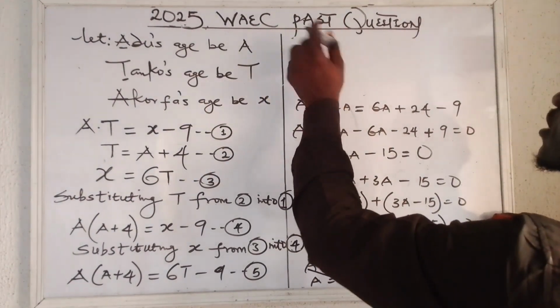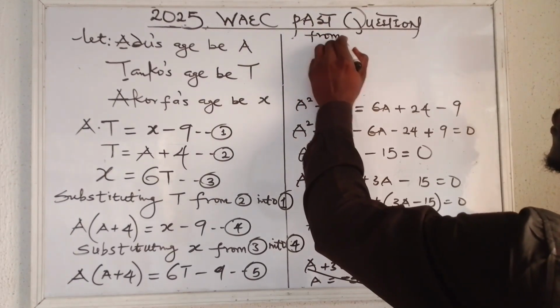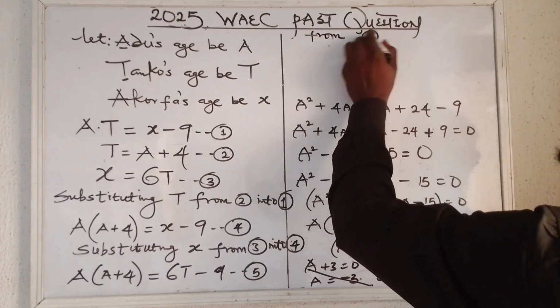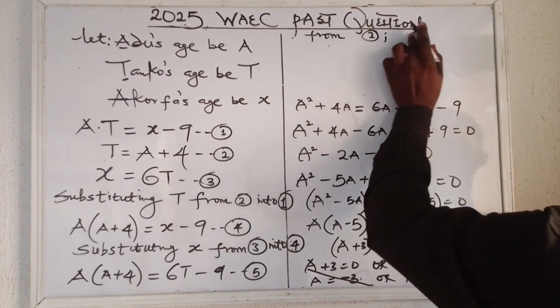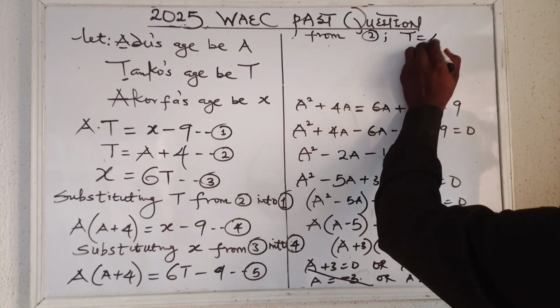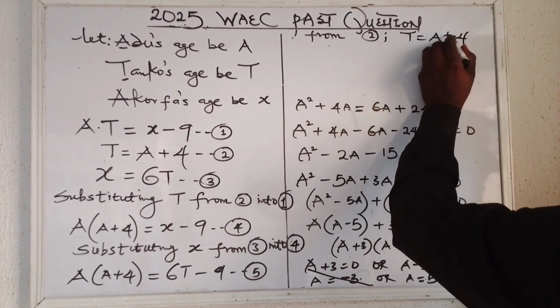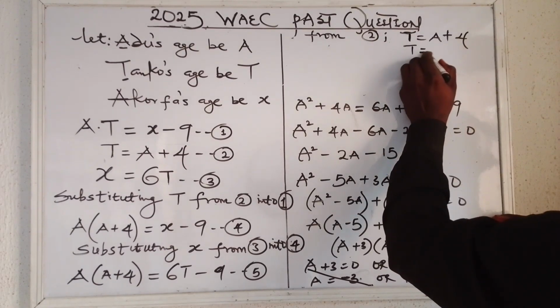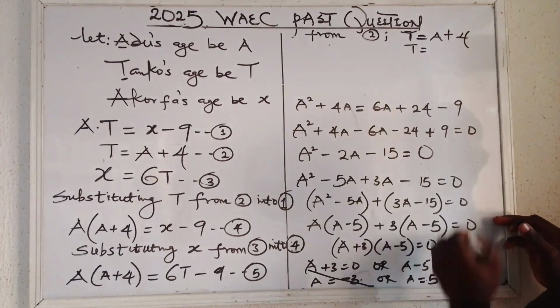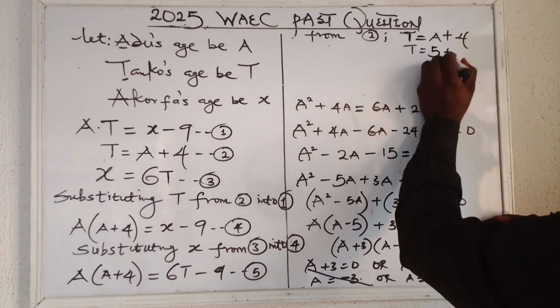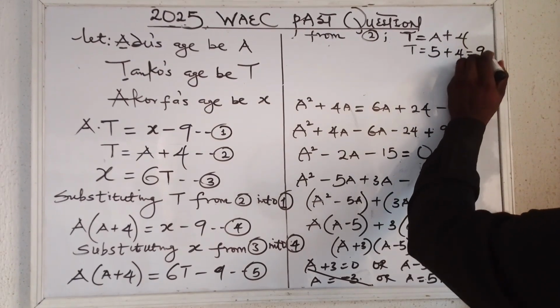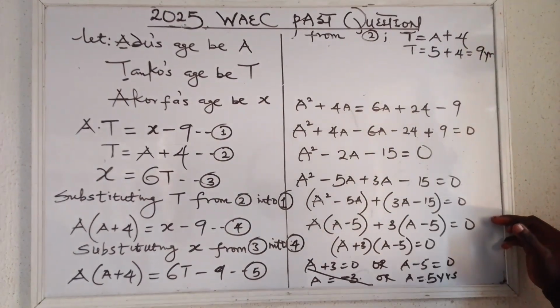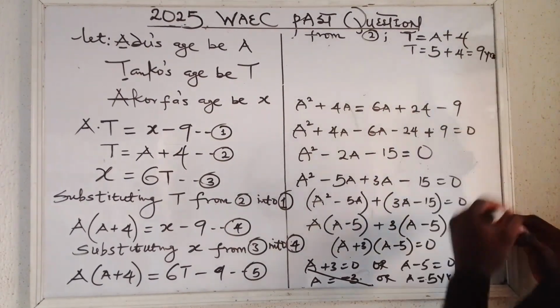From equation 2, we know that Tanko is equal to a plus 4. So Tanko will be equal to, a is 5, plus 4. And we get Tanko's age to be 9 years. So Tanko is 9 years old.